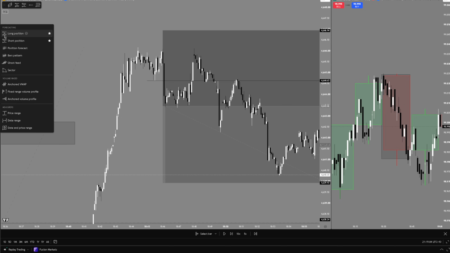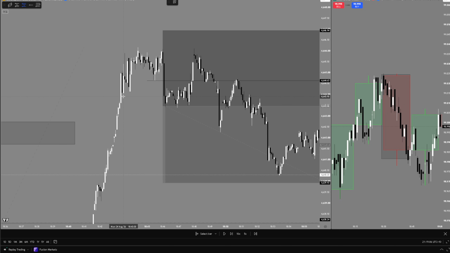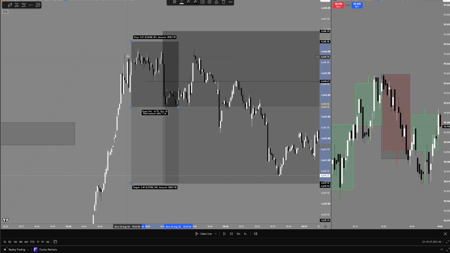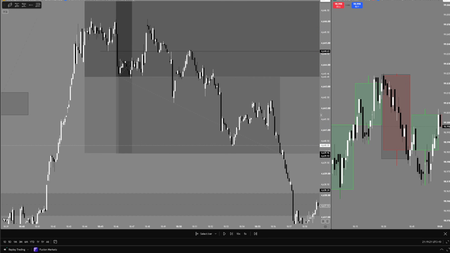I didn't enter right on the break of that. If I entered right on the break, sure, you can get a higher RR, but I like to go a little bit down and then target 1 to 1R, with a bigger stop loss above the high.